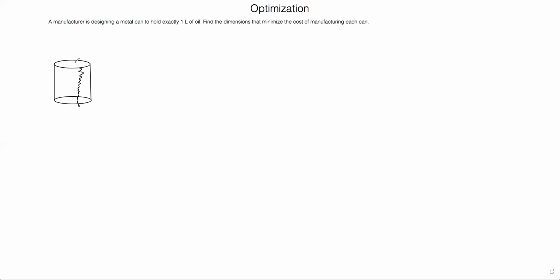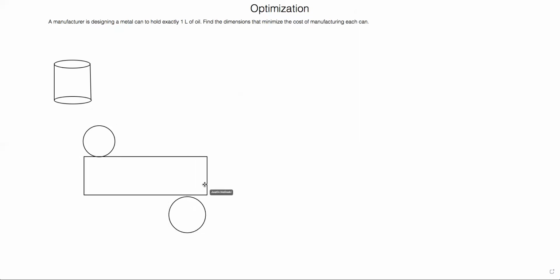I pop the top off, pop the bottom off, and then unroll the part that revolves around. It creates a rectangle and two circles. This is the height of the whole thing, and then the length is going to be the circumference. Yes, so 2 pi r.